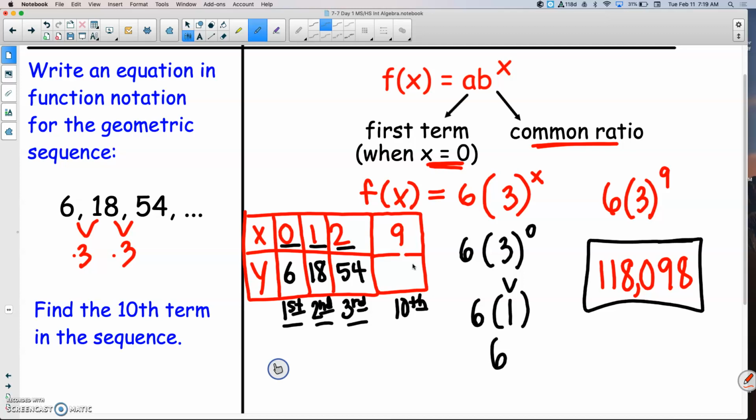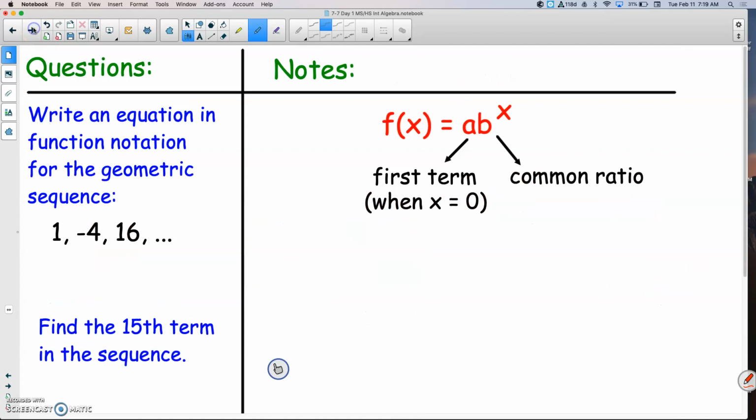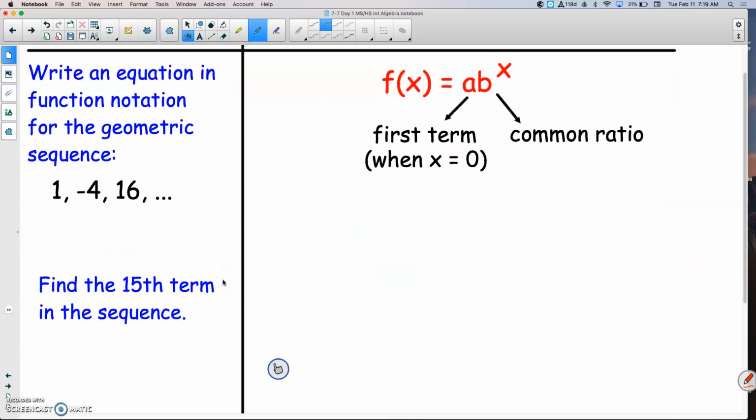If you are in doubt, you could always just continue your sequence. It's just going to take a lot longer, I think, to get to the 10th term. On one where they're looking for something like the 5th term or 6th term, then you might just want to continue your sequence.